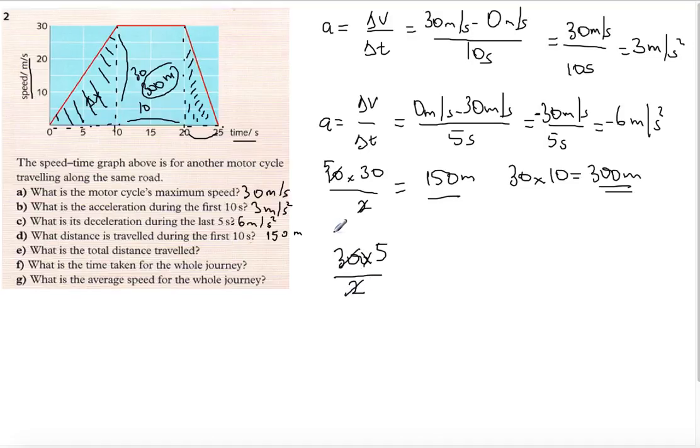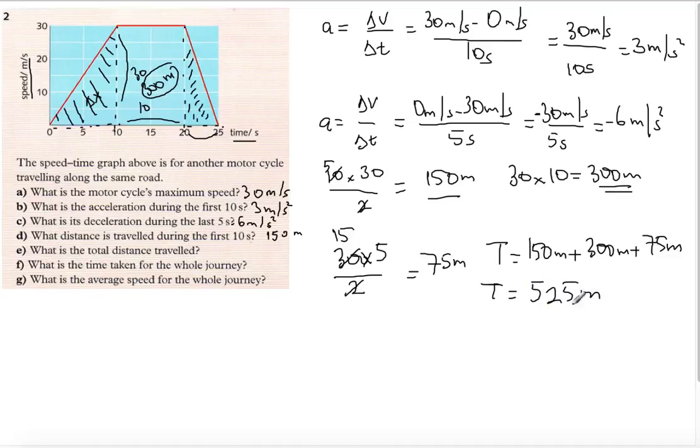This is 75 meters. So the total distance taken is 150 meters plus 300 meters plus 75 meters, which is 450 plus 75, 525 meters taken in total.